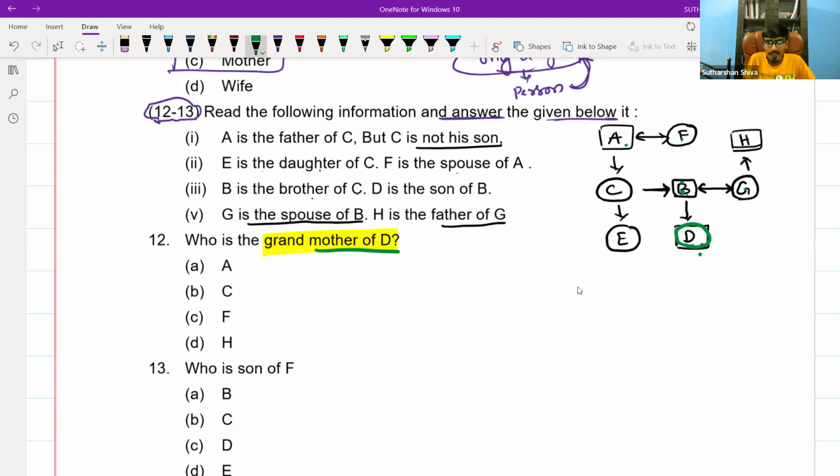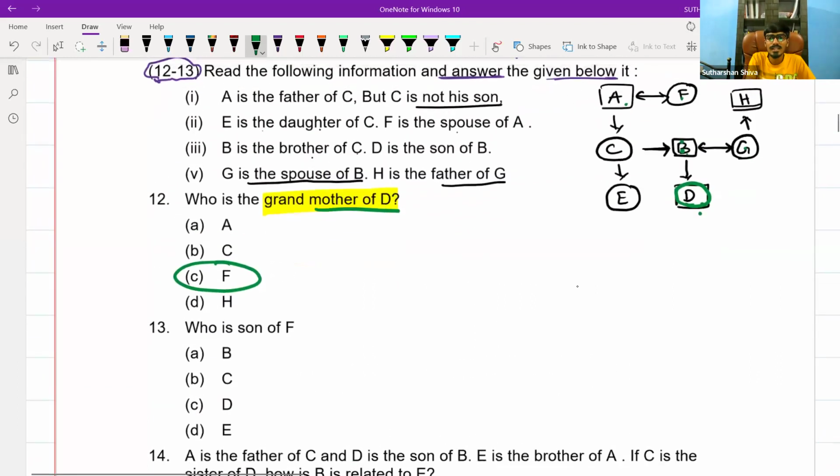So F is the grandmother of D. Then who is the son of F? The son of F is only B. So the answer is option B.